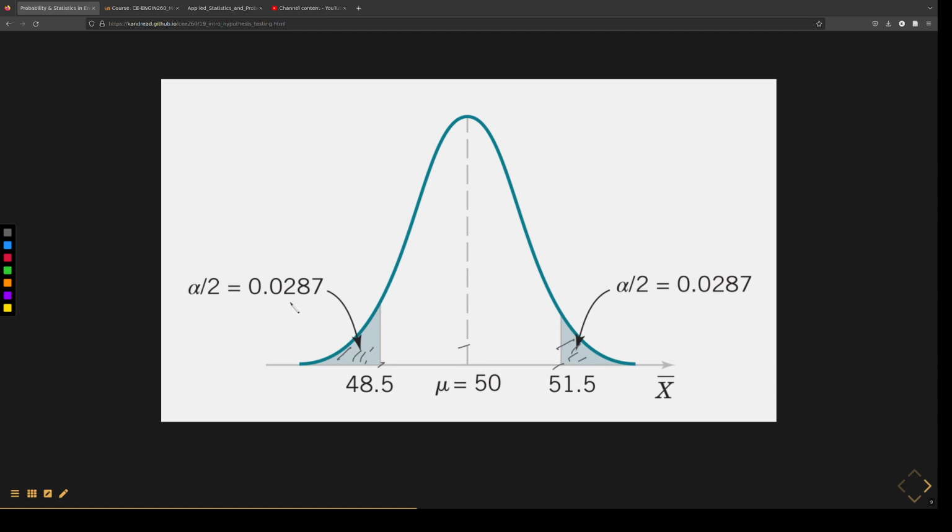And what we can do is calculate the probability that corresponds to this value of x, which we would transform to z, and then from the lookup table we find the probability on the left tail and the right tail, add the probabilities together, and we get that significance level alpha.